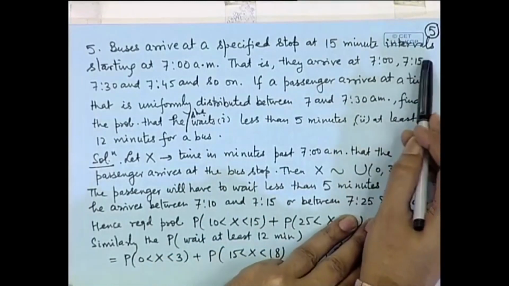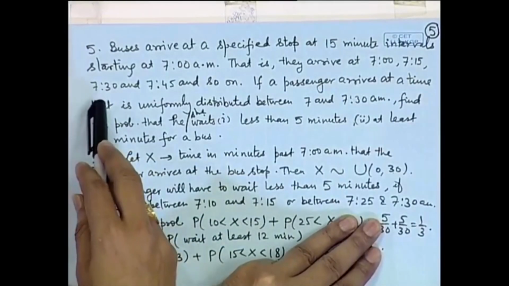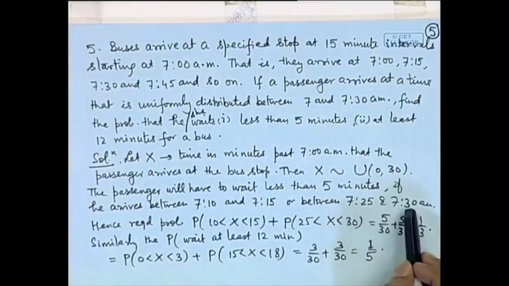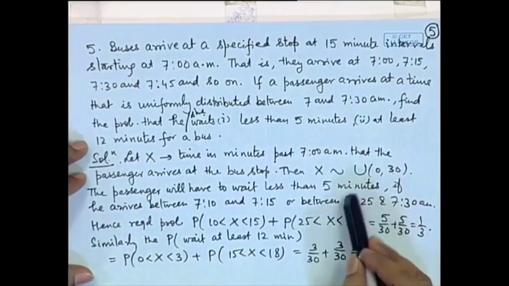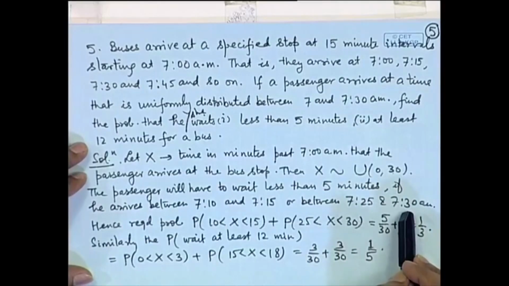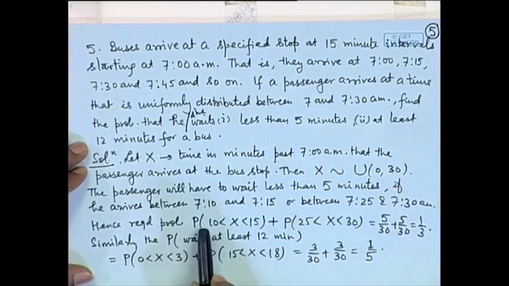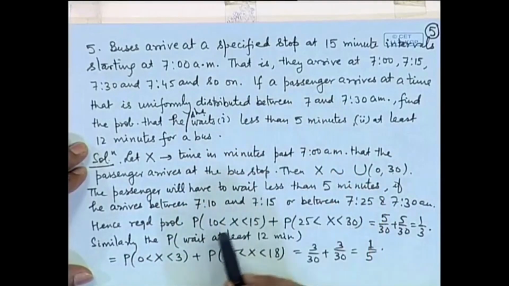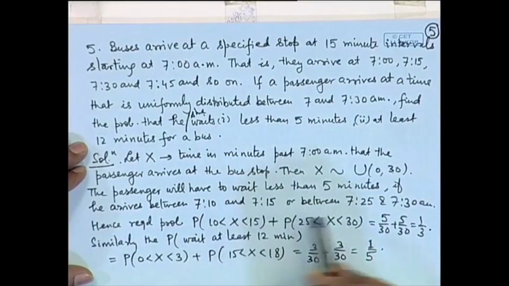Similarly, after this bus departs, the next bus comes at 7:30. So, if the passenger arrives between 7:25 and 7:30, then he will have to wait less than 5 minutes. So, the required probability that the passenger has to wait for less than 5 minutes is the probability that x lies between 10 and 15 or x lies between 25 and 30.